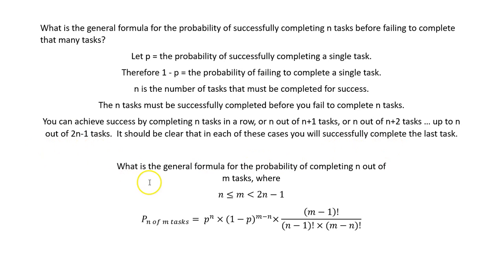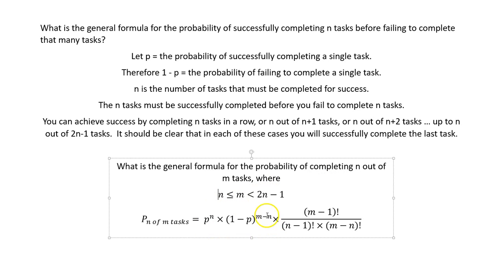And we'll call M the number of attempts, all right? And M has to be greater than or equal to N. If M equals N, you're doing N in a row with no failures. And M must be less than or equal to 2N minus 1, all right?